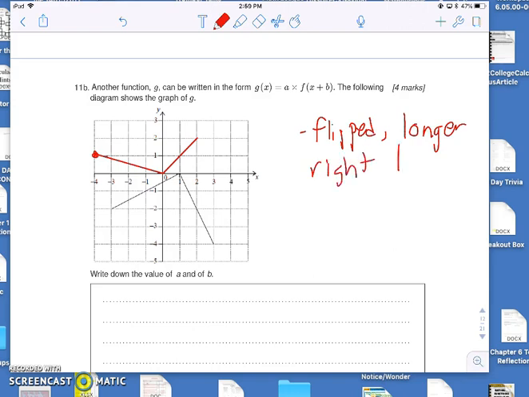So to the right 1, that's this b value. So we know in there is going to be f of x plus, nope, right, so that would be minus 1. It flipped, so we have to have a negative. And this went from 2 down to 4, so twice as long, so it would be a negative 2.